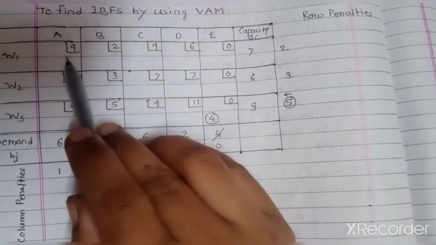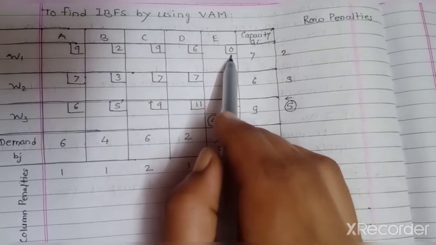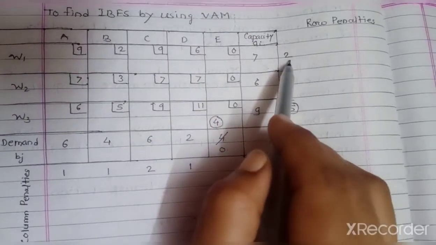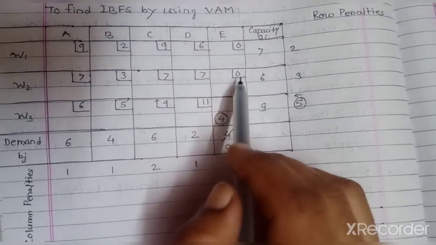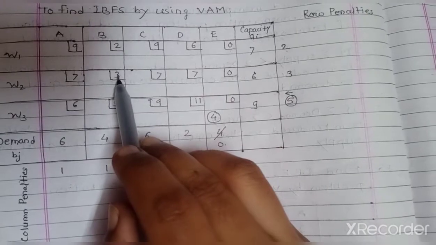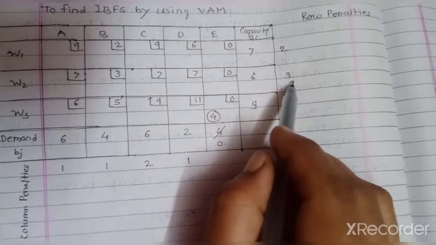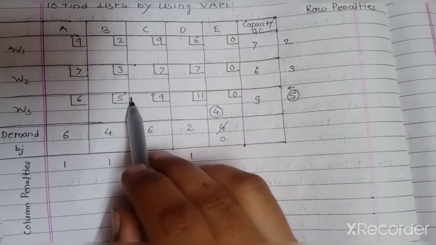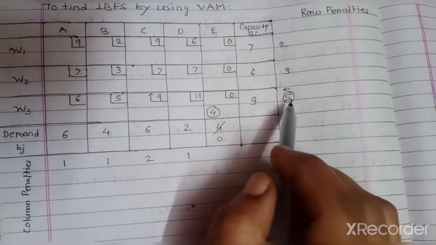So see in our first row, the minimum cost is 0, the next minimum cost is 2. The difference between them is 2. So we write down here 2. In the next row, the minimum cost is 0, the next minimum cost is 3, so the difference between them is 3. In the third row, the minimum cost is 0, the next cost is 5, so the difference between them is 5.